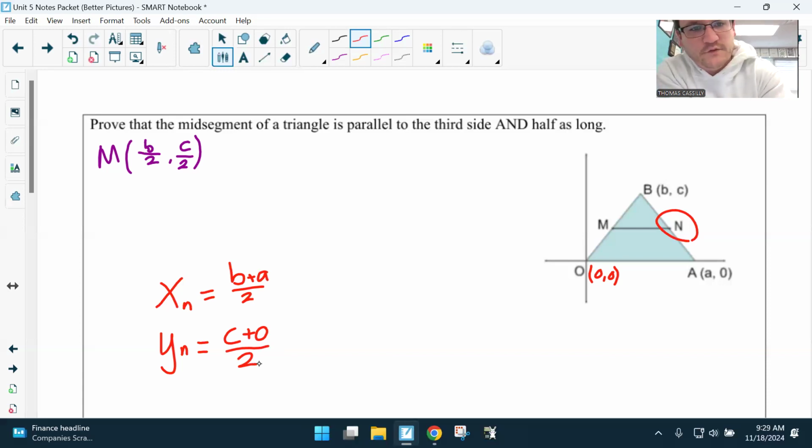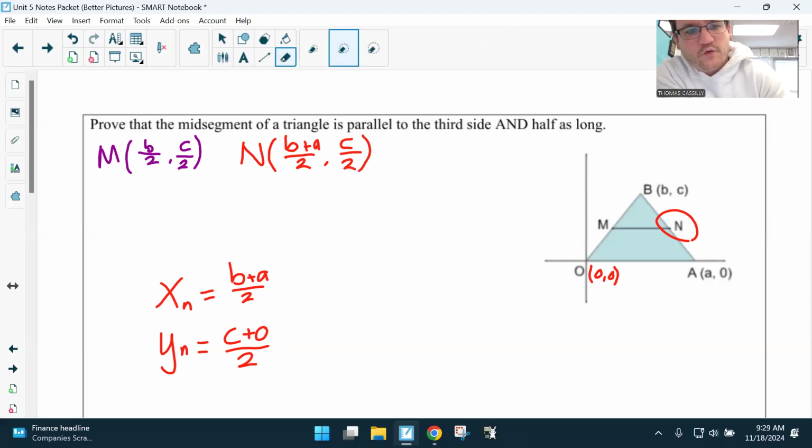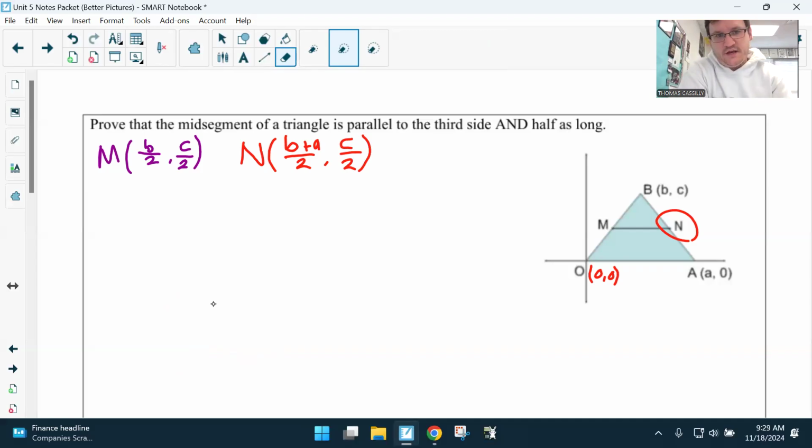So those are my two ordered pairs here. So we have B plus A over 2, and then I have C over 2. All right, those are the ordered pairs. Those are the coordinates for points M and N.